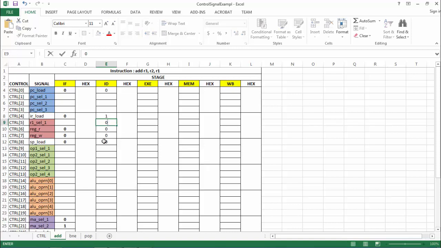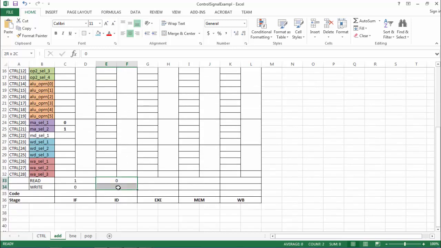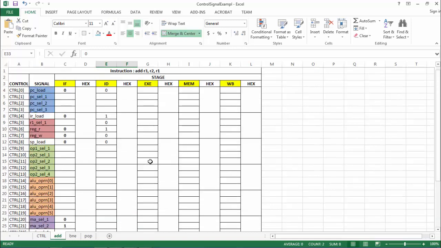And wait a minute, we need to read the register, so I must put a 1 here, right? 1 0, that's the register read. We make sure RS is correct, we are loading the instruction on the instruction register, we are not overriding the stack pointer, and we are just keeping a hold on the memory at this point, right?